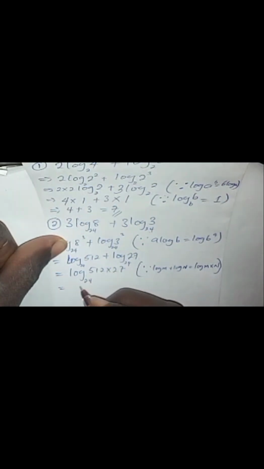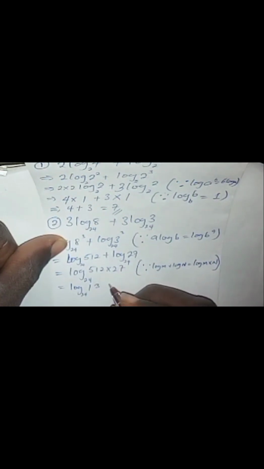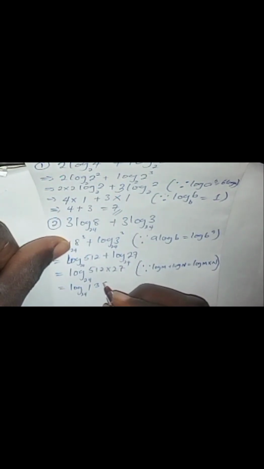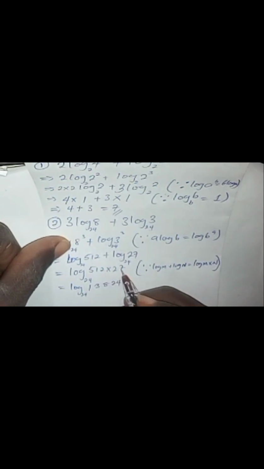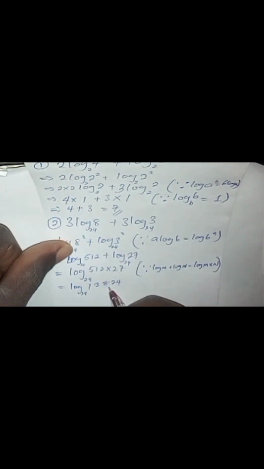From here, when you multiply this, using a calculator or whatever, you are going to have 13,824. So when you multiply 512 by 27, this is what you are going to get.